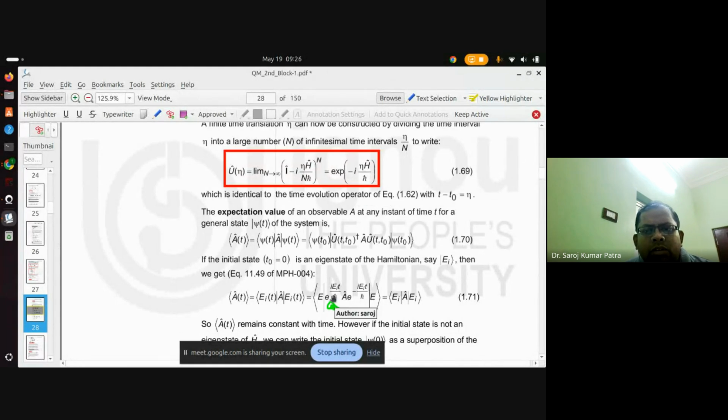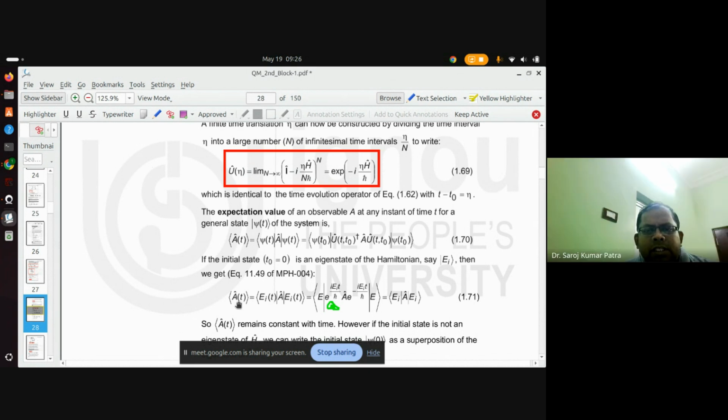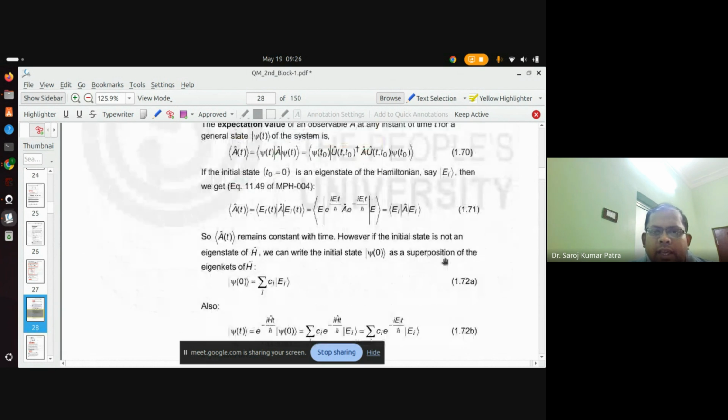So it will be e to the power i E t by h cross, and normal U will become e to the power minus i E t by h cross. Is it clear? Yeah. So then, as you can see, the expectation value is not really changing. It's the same. So the expectation value remains constant with time.